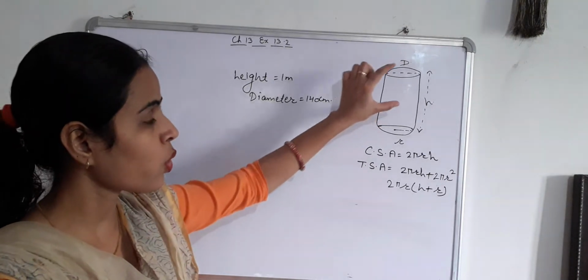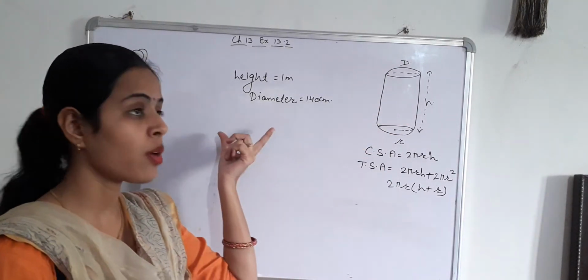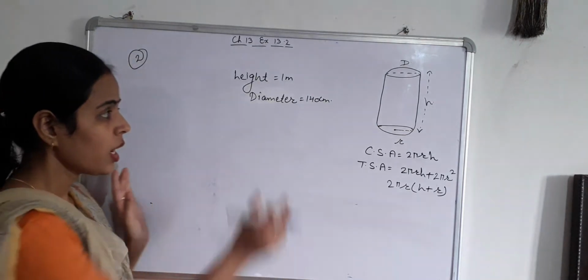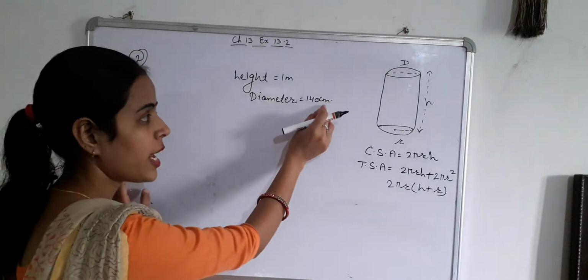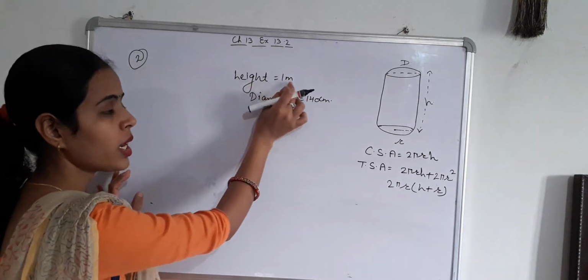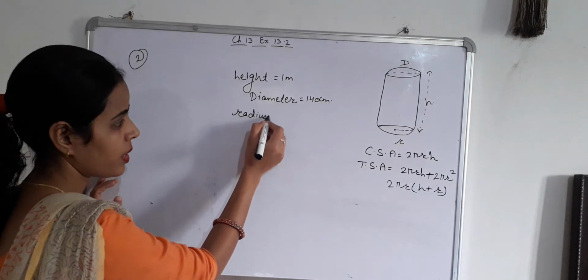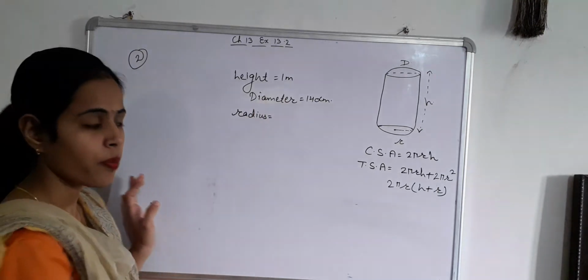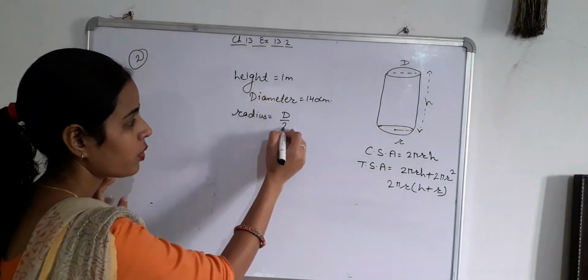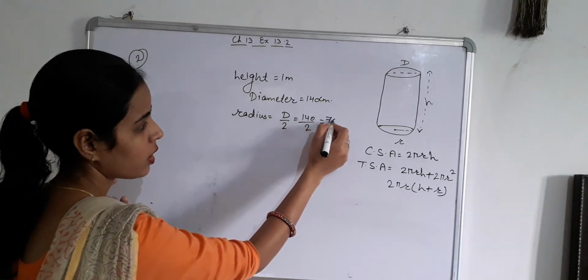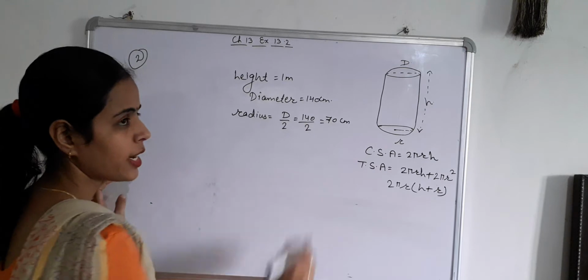This tank is closed, so here we have to find its total surface area. Diameter is given 140 centimeter. Height is given 1 meter. First find its radius. Radius will be half of diameter, d upon 2 equals 140 upon 2 equals 70 centimeter.